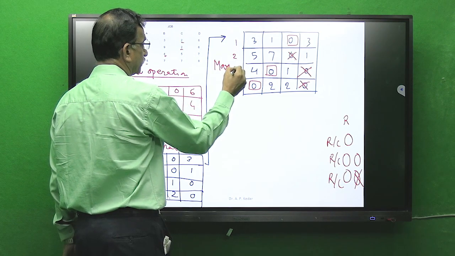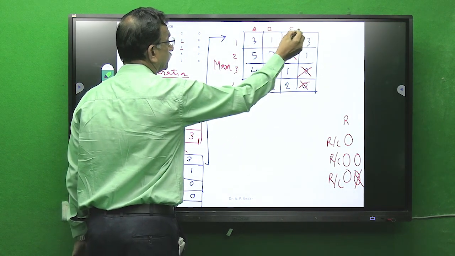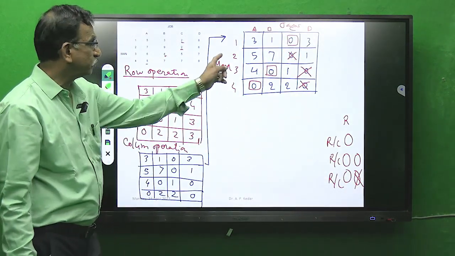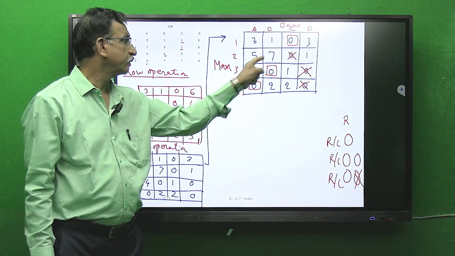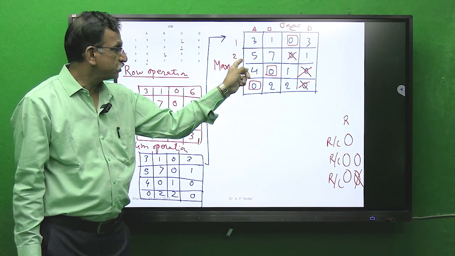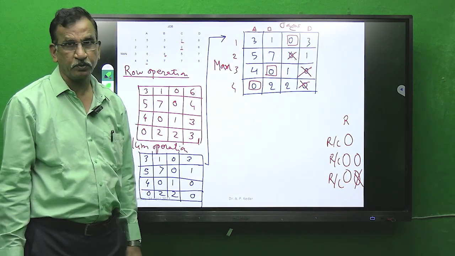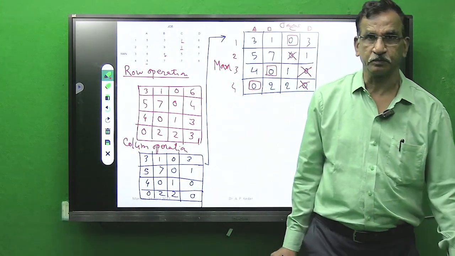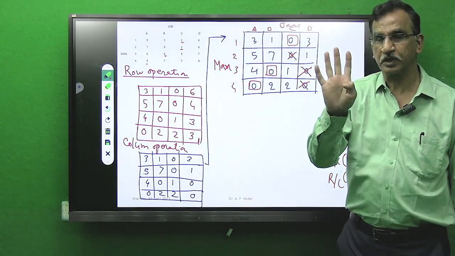Now here you can see that our problem was: men were labeled as 1 2 3 4, jobs were labeled as A B C D. This second row right now is not having any assignment, and therefore we are very sure that since man 2 is not assigned any job, this is not the optimal solution, because for 4 by 4 I need 4 assignments.